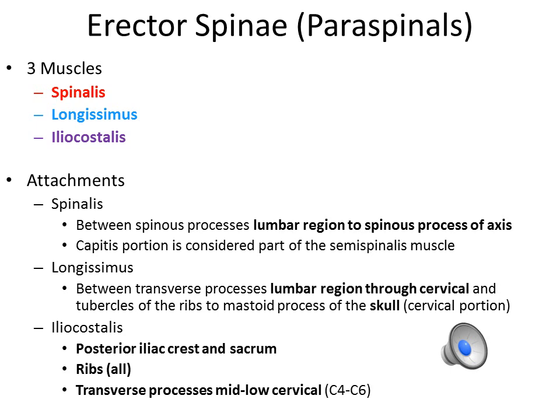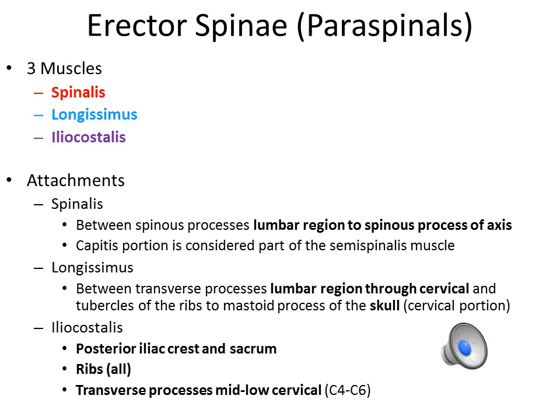The first group I'd like to talk about is the erector spinae muscles, also known as the paraspinals. These muscles are divided into three groups: spinalis, longissimus, and iliocostalis.